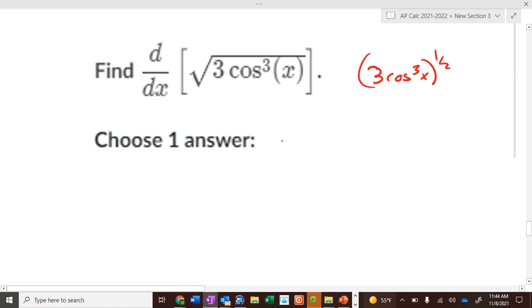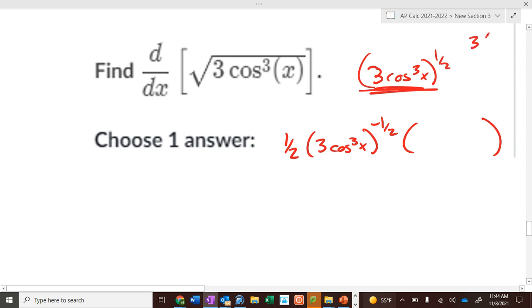So the first chain rule would be 1/2 times 3 cosine cubed of x to the negative 1/2 times the first derivative of the inside. Well, the inside is 3 times the cosine of x cubed. 3 times 3 is?